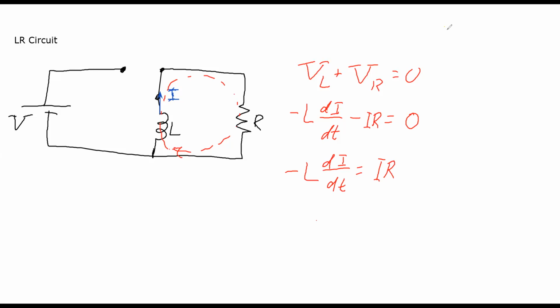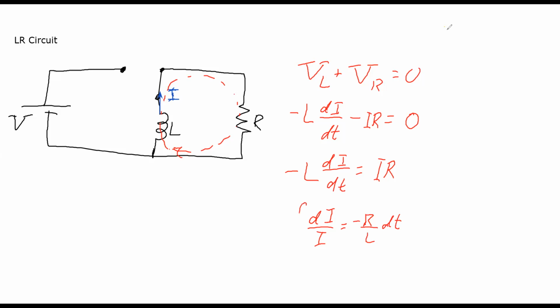So I get di over I on the left side, and on the right side I get negative R over L dt. Let me double check that. Yeah, it looks like that's correct.